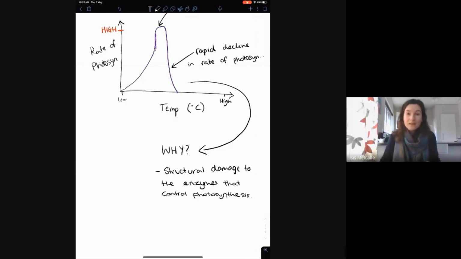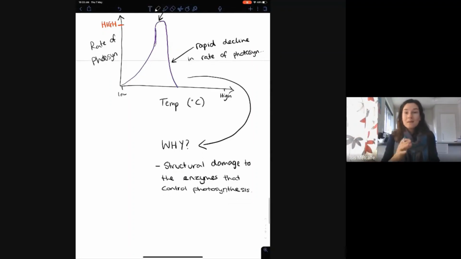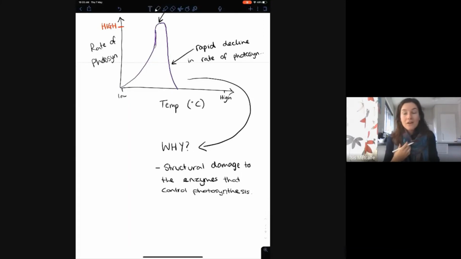And importantly, enzymes control photosynthesis. So all of those chemical reactions to actually do the thing, which you don't look at until next year, enzymes control that. So without enzymes, the plant is going to die, just like we would die if we got too hot. Like a fever.